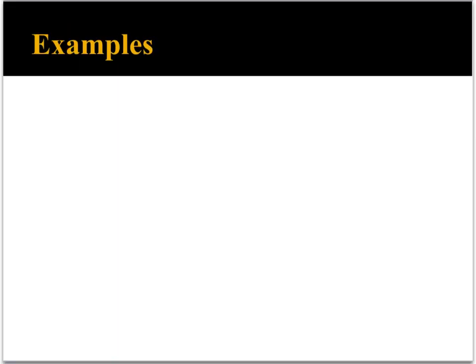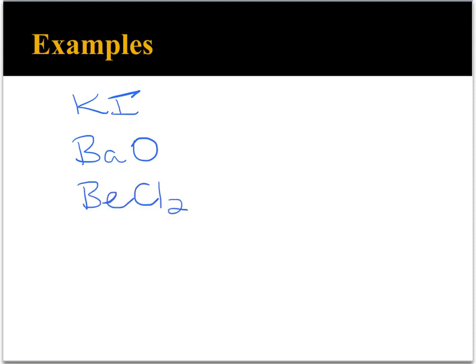Okay, so we're going to look at some examples of ionic compounds, and I could come up with a fair number. Well, here's one: KI, BaO, BeCl2, NaCl. These are all ionic compounds.